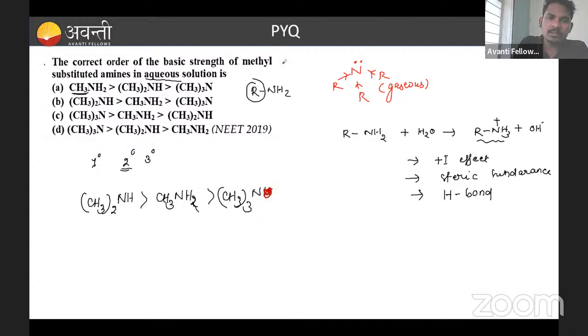Everyone understood this? But if the R group is bulkier, like C2H5, then the basicity order is 2 degree, 3 degree, and after that 1 degree. I hope everyone understood this.